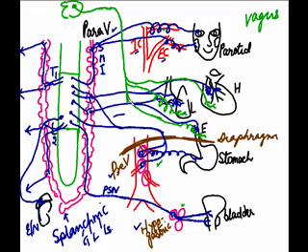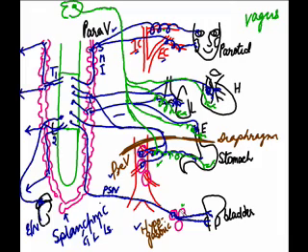The vagus continues down, passes through the diaphragm, and then it joins all these fibers which are going to the various organs in the abdomen, and then it synapses in the walls of these abdominal organs, and goes to supply the smooth muscle and glands in that area.